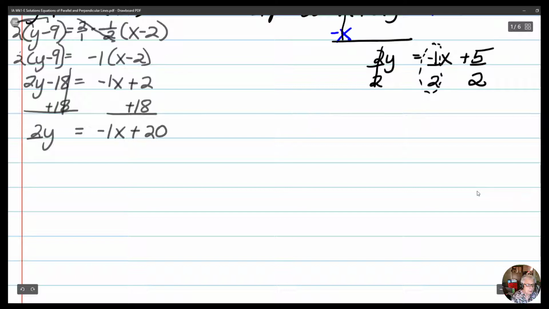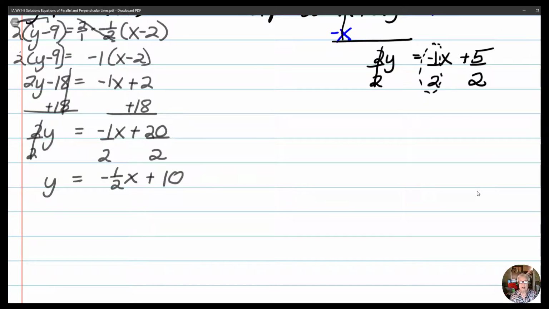Then divide by 2, divide by 2, divide by 2. The 2's cancel here, leaving me with y equals negative 1/2 x plus 10. That's the equation of our line.